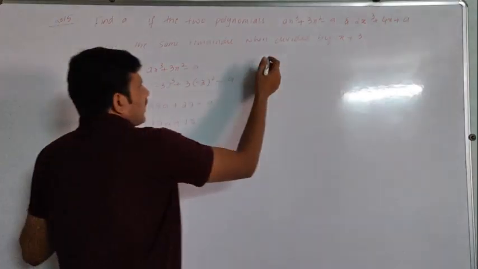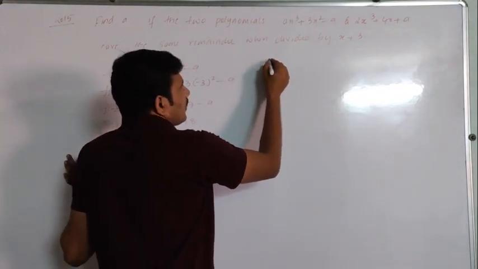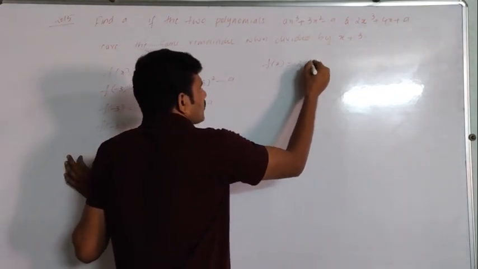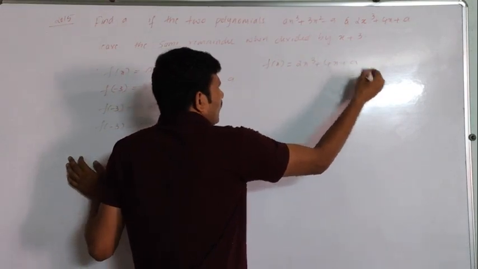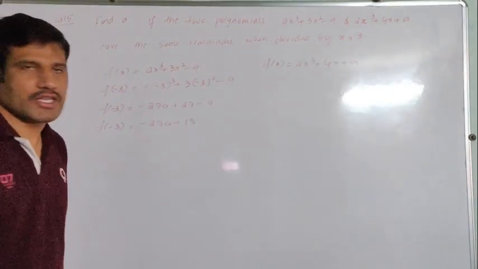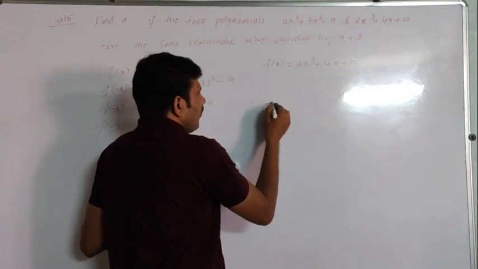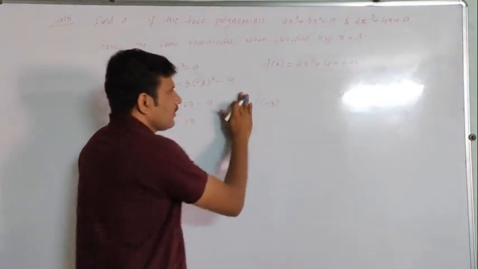Similarly, now for the second polynomial, f of x is equal to 2x cube plus 4x plus a. So here also you find f of minus 3.